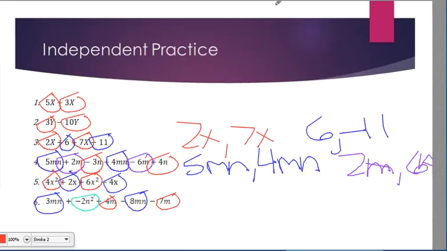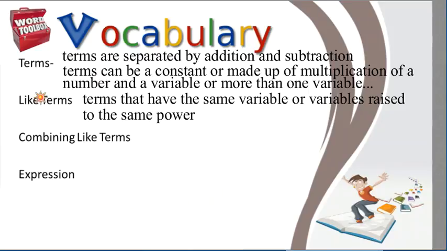Okay, so let's go back to our definition for like terms. Like terms are terms that have the same variable or variables raised to the same power. Now we're going to spend the rest of today's lesson talking about combining like terms. Okay, if two terms are like terms, you can combine them.